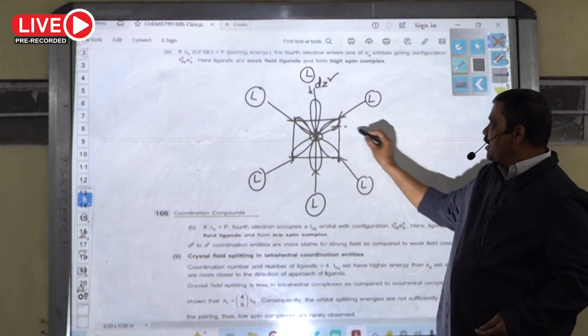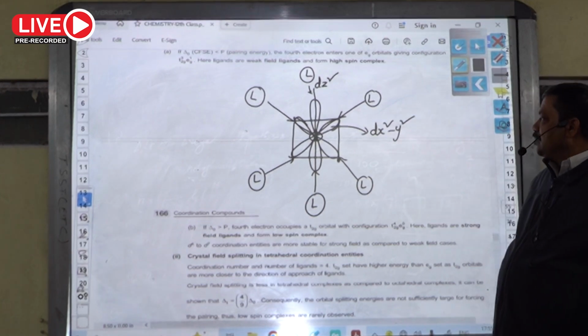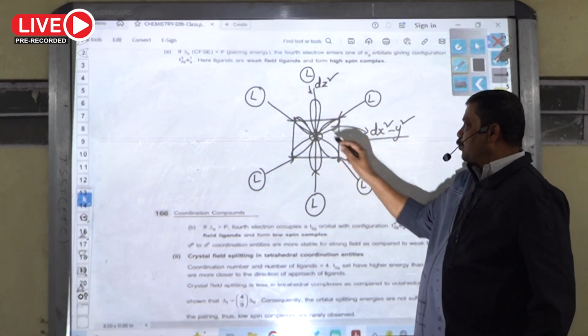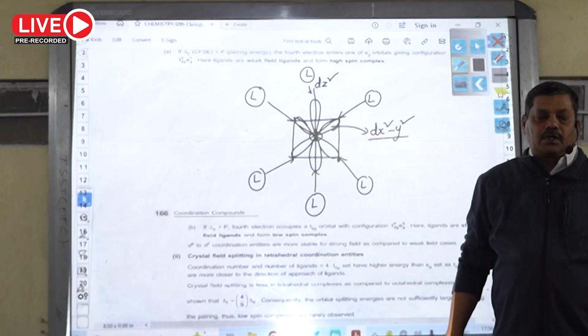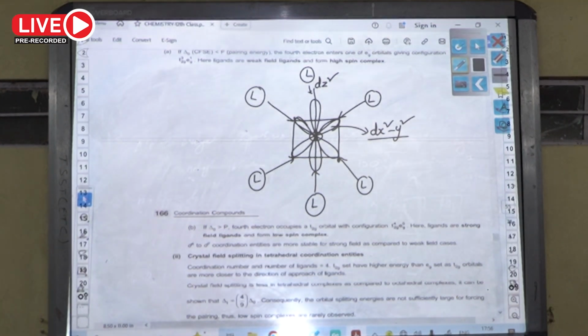And this is dx square minus y square, with a total of 4 lobes. 2 lobes of dz square are directly facing the ligands. Ligand is considered as a point negative charge, and the d orbital is also negative charge.